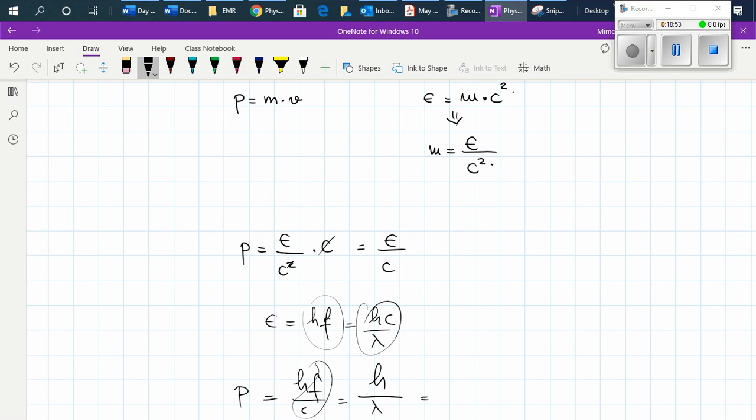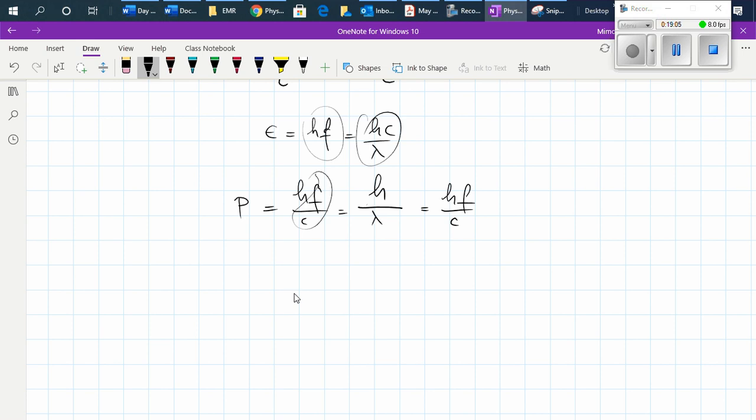Or even if we use the fact that wavelength is c over f, this is where we come to the formula that the momentum of a photon is h over lambda, or hf over c.